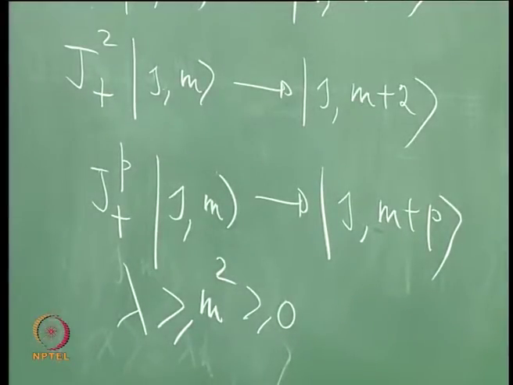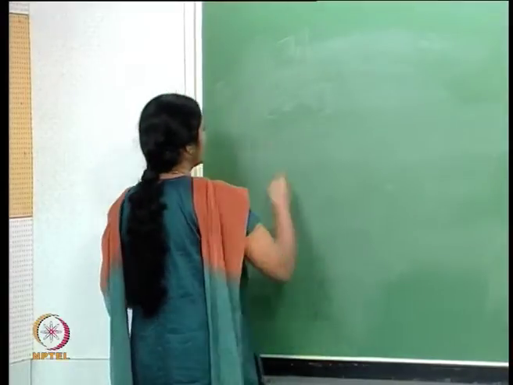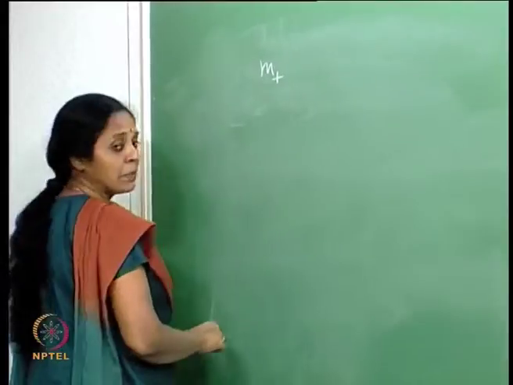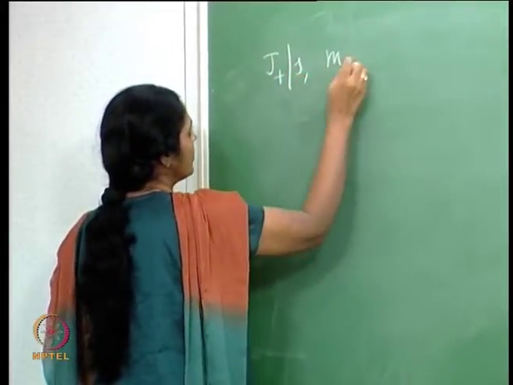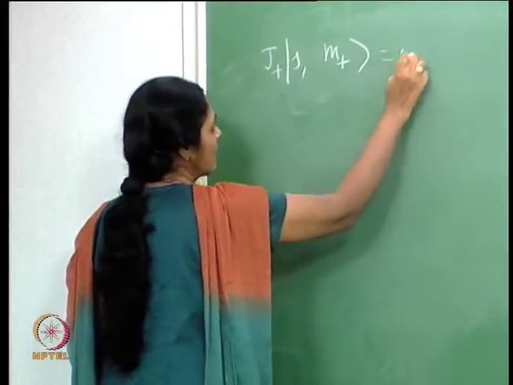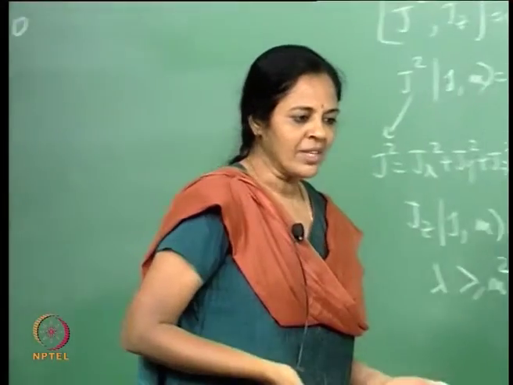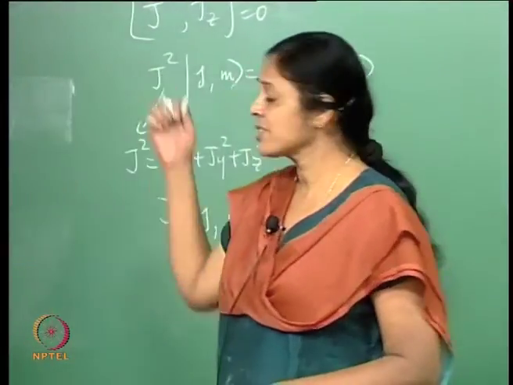In other words, I realize the following, that there is an upper bound of m, which I will call m plus, such that when J plus acts on the state |j, m plus>, it gives me 0, because otherwise m plus squared could be greater than lambda, and lambda is a function of j.